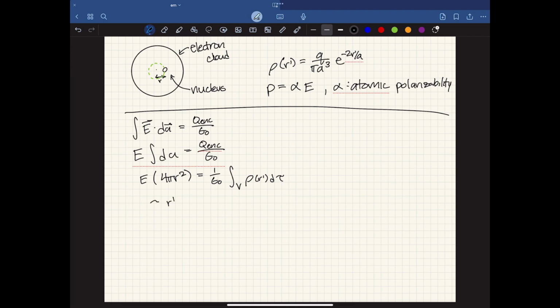In this case, r prime goes from 0 to r, theta goes from 0 to pi, and phi goes from 0 to 2 pi.